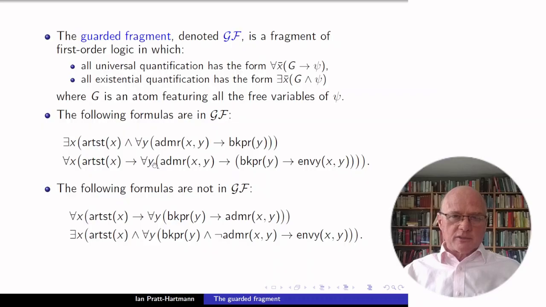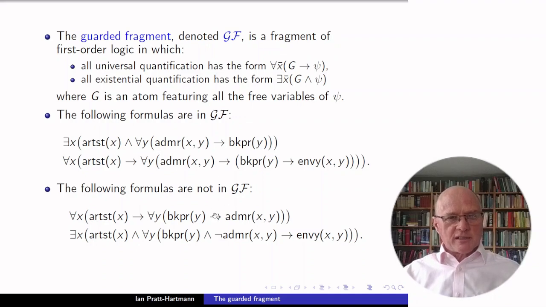And if we look at the consequent, that itself is universally quantified, and again we see that the universal quantification has the form of an implication. The consequent of that implication has two free variables, x and y, but those two free variables appear as arguments of this atomic formula here, which forms the antecedent, so that formula likewise is guarded.